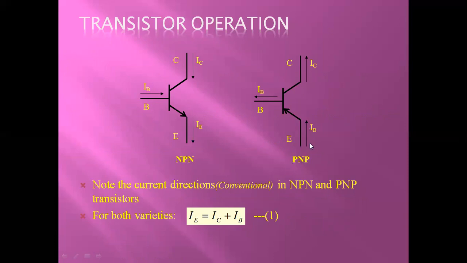We have discussed that the charge carriers entering from the emitter region to the base region, through the combination or collision of electrons and holes, generate IE.